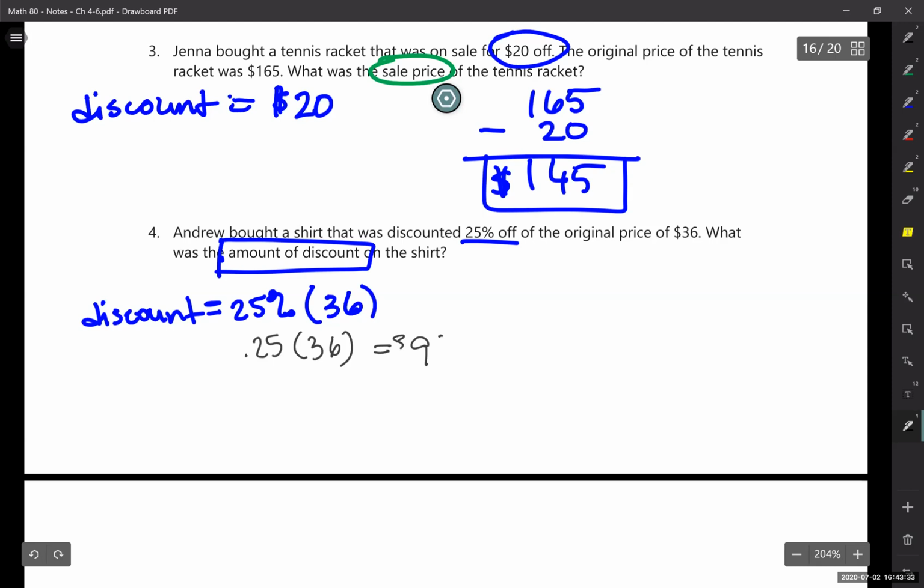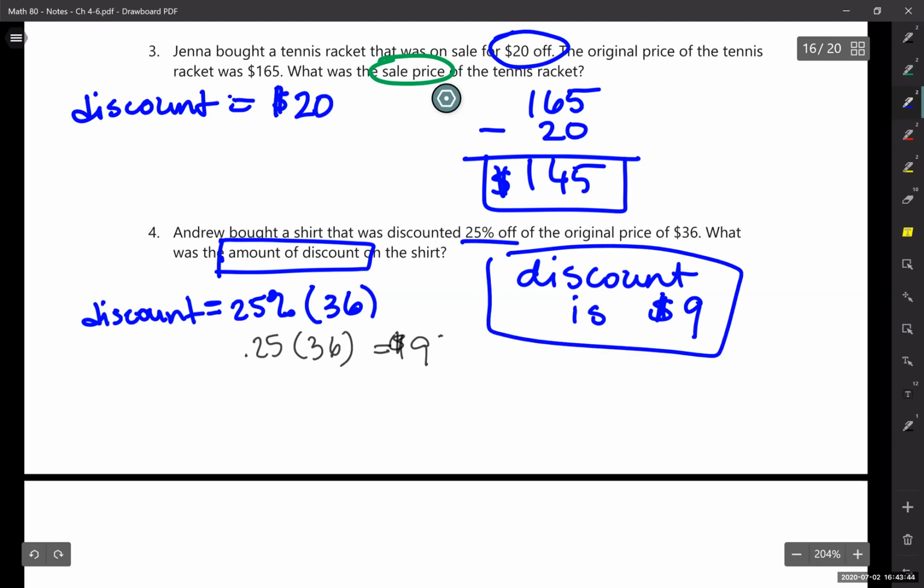Oops, dollar sign goes over here. So the discount is $9. You find the discount and you find the tax the same way. You just multiply the percent times the price. The only difference in this section between tax and discount is you add the tax, you subtract the discount.